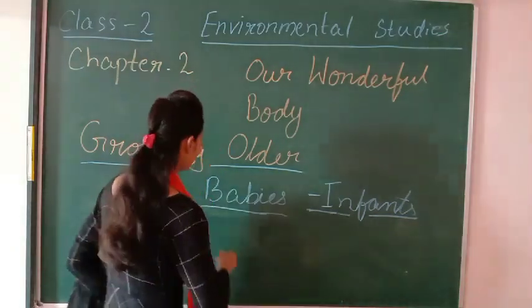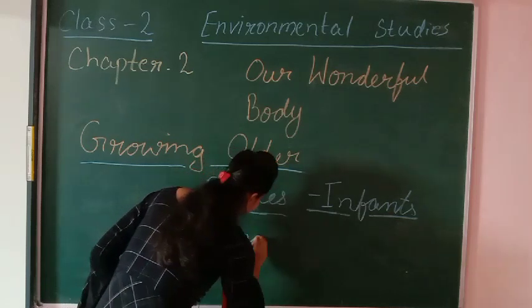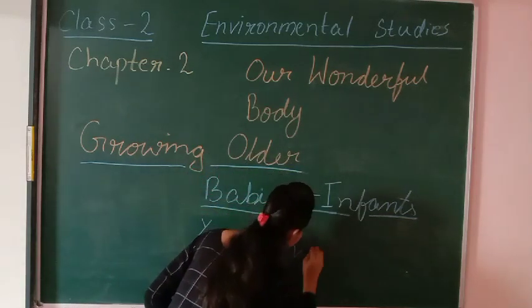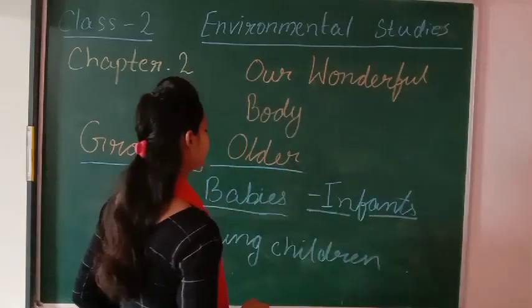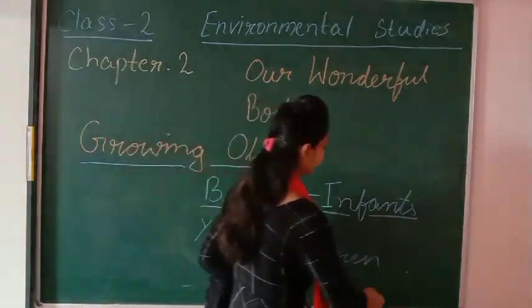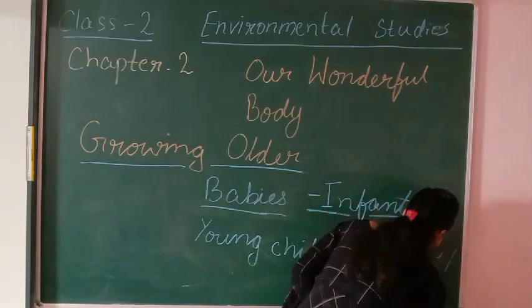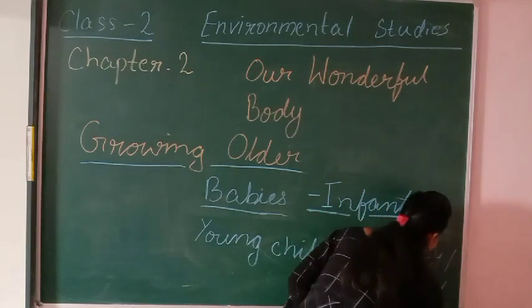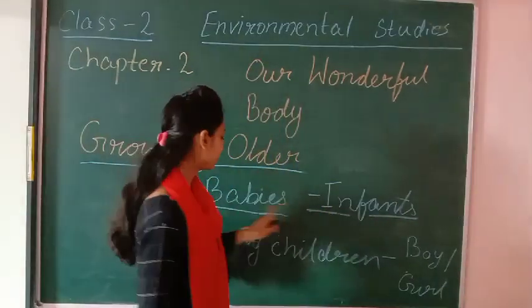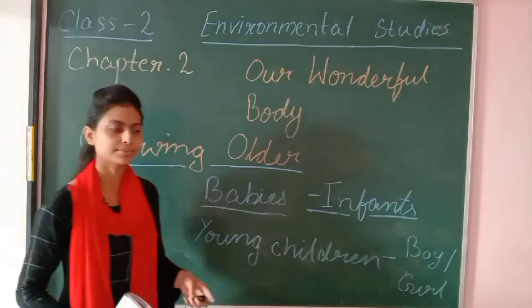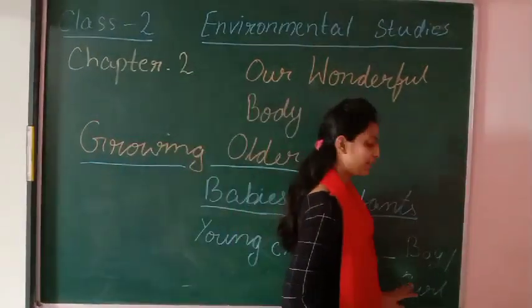We are called a boy or a girl. See here, when we are babies, we are infants, and when we become young children, we are a boy or a girl.